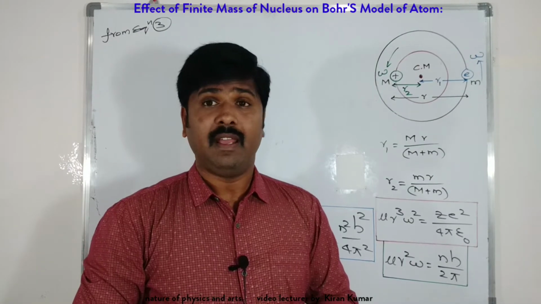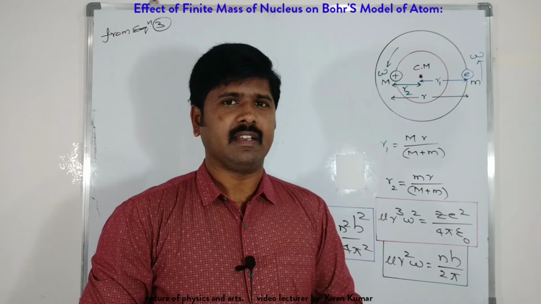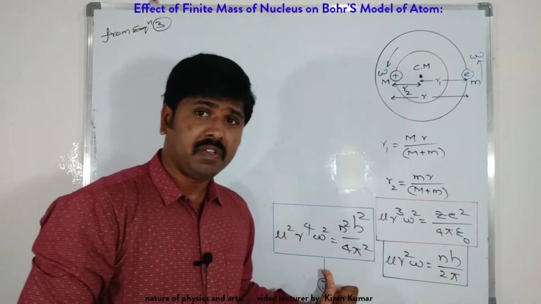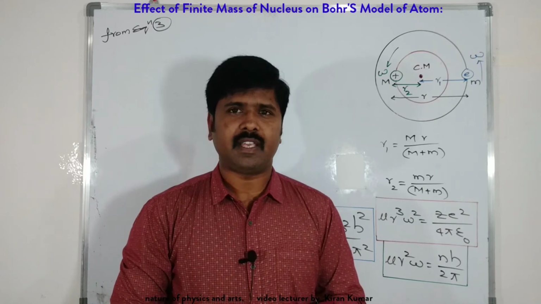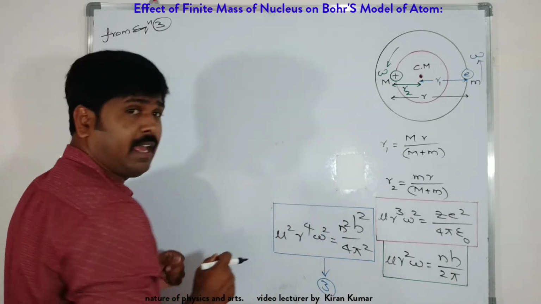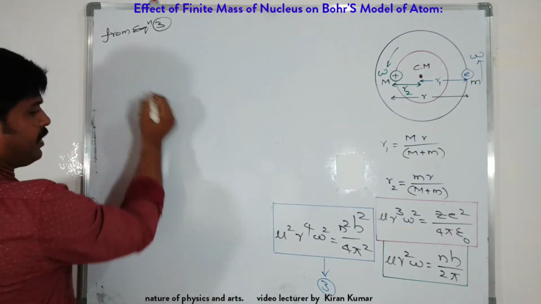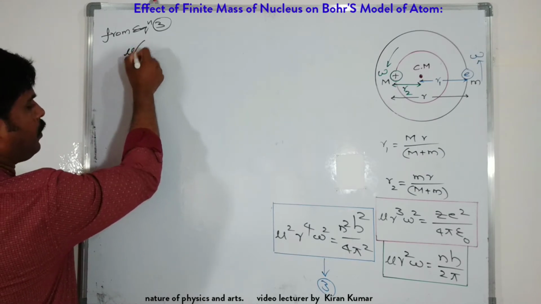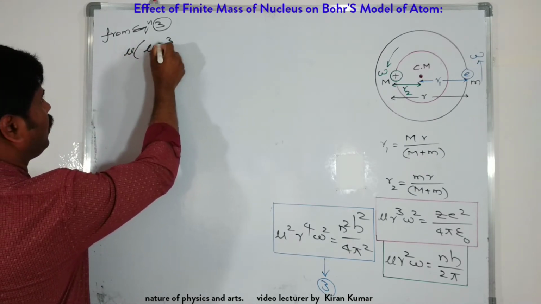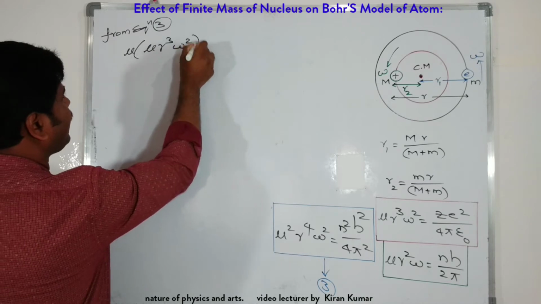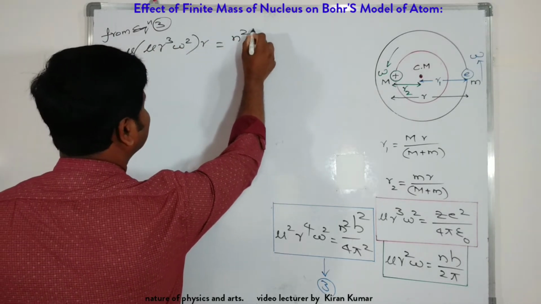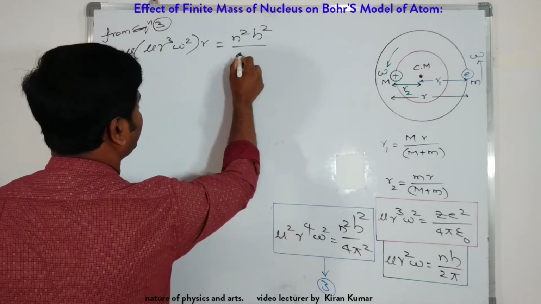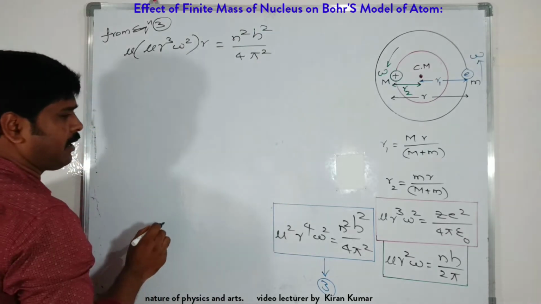Now from equation 3 I am writing mu into mu r cube omega square into r, which is equal to n square h square divided by 4 pi square.